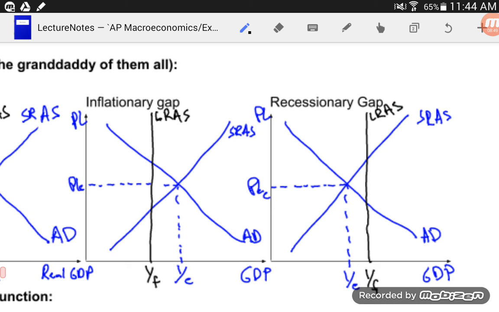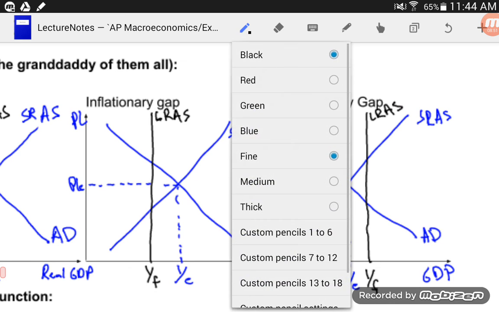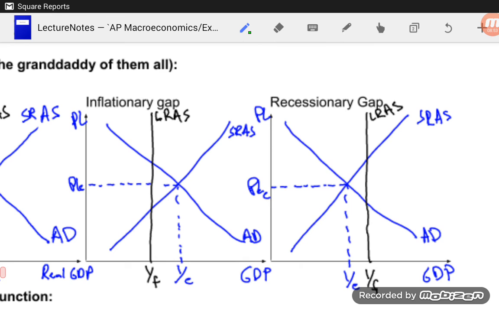So if we're there, what's going to happen? Well, if we do nothing and unemployment levels are high, people are desperate for jobs, people will eventually take lower wages to just get a job. Lower wages, lower input costs are going to drive an increase in aggregate supply, and so we would shift back to that equilibrium.